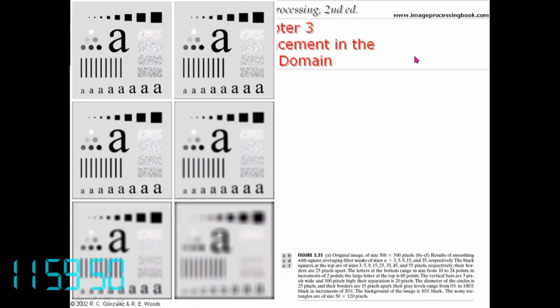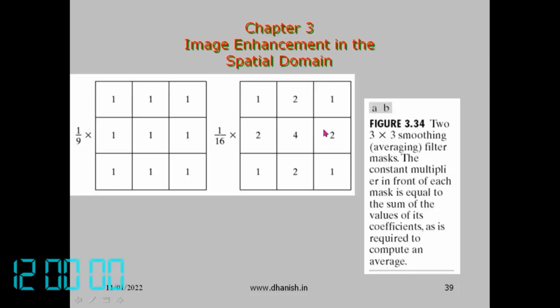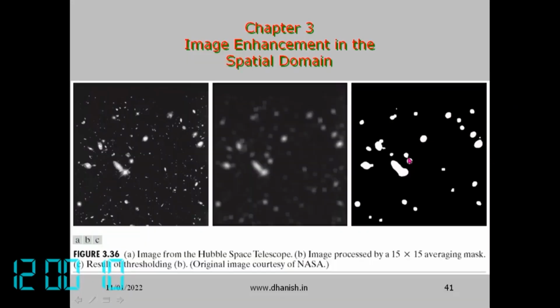All of it becomes equal. So that is how you can apply this filter. So a 3x3 smoothing filter. This is the result of the transformation.